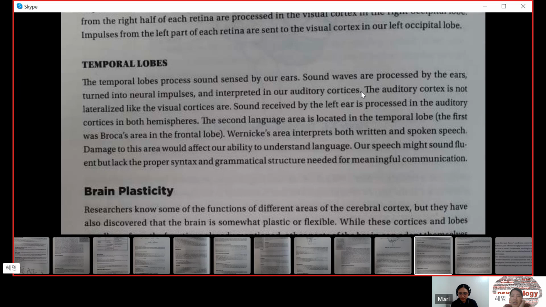The auditory cortex is not lateralized like the visual cortices are. Sound received by the left ear is processed in the auditory cortices in both hemispheres.